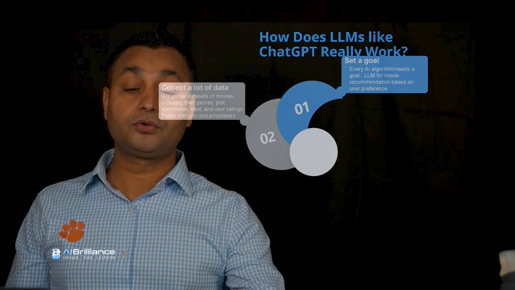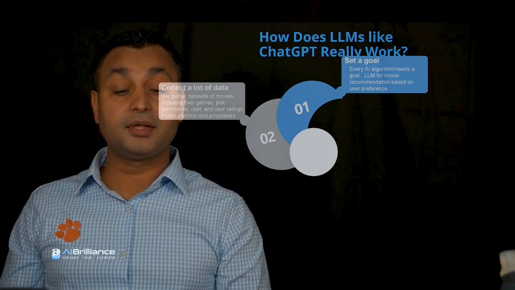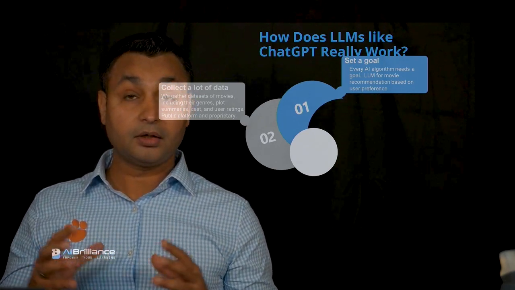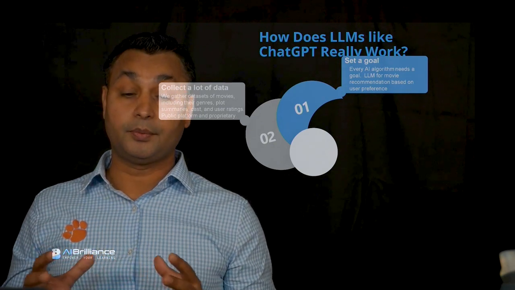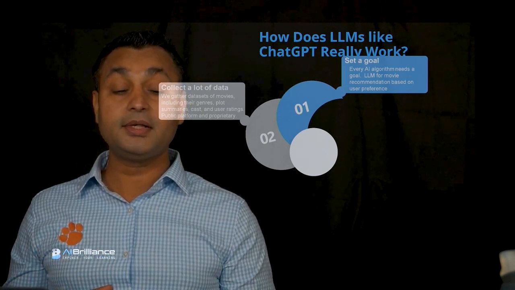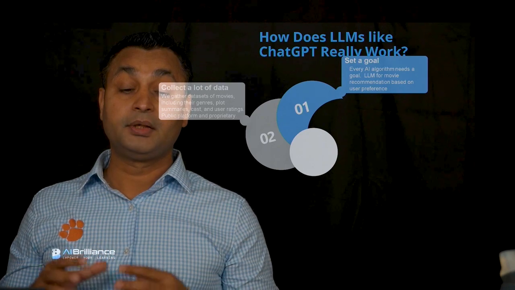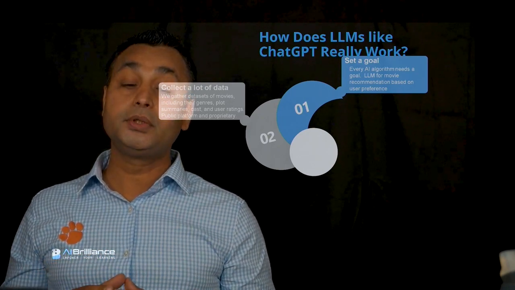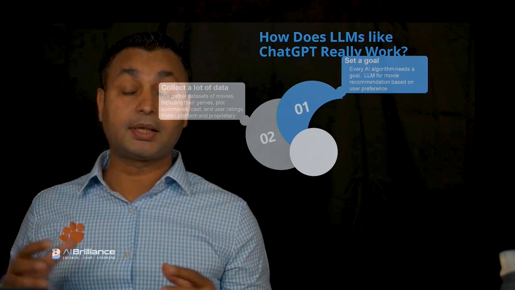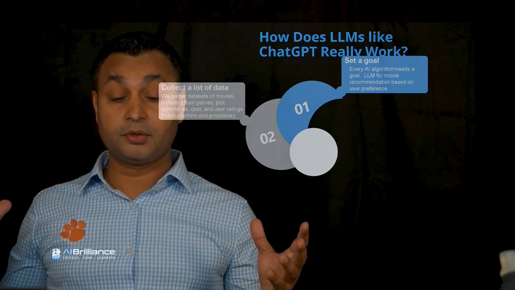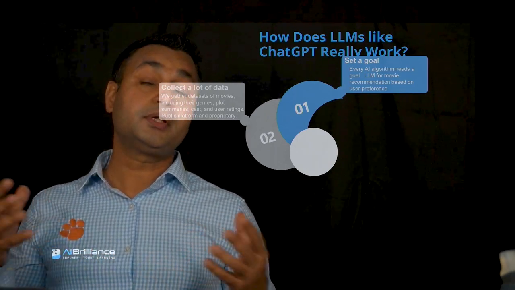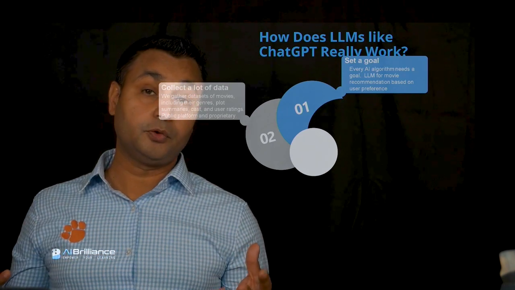Once you have defined the scope, what you do as a second step is you collect a lot of data which is relevant to this problem. So what we will do typically in this step is gather data sets of movies, including their genres, plot summary, cast, user ratings on various platforms, and also in some cases this might be proprietary data that we might be getting, right?